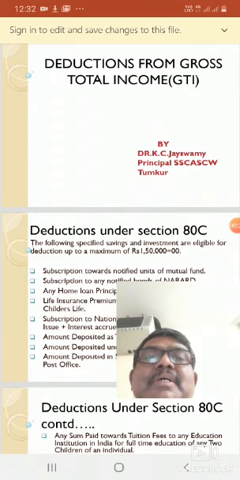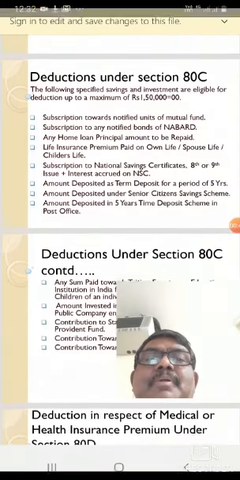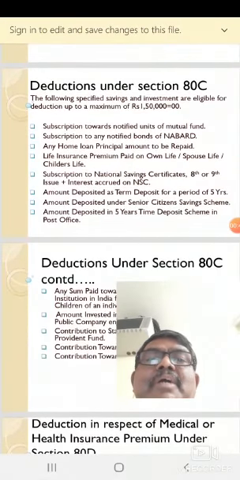So, this is required to find out the total income. Gross total income means the aggregate of income from all the heads. And if we allow deductions under section 80, we get total income, and that is the base for ascertaining the tax liability of a person.